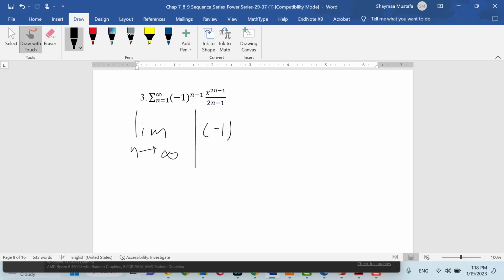For the ratio test, we replace each n by n plus 1.